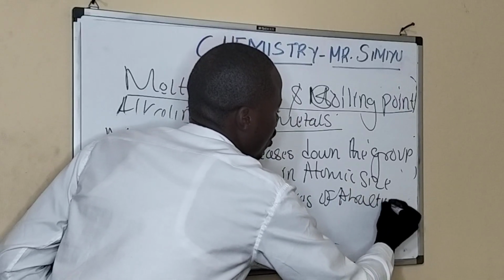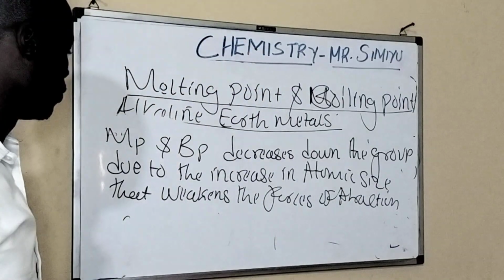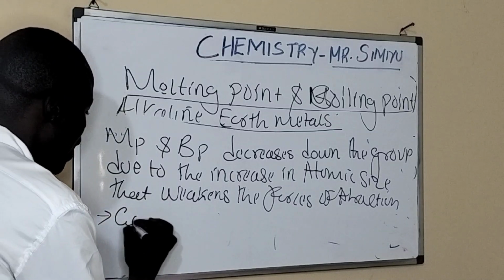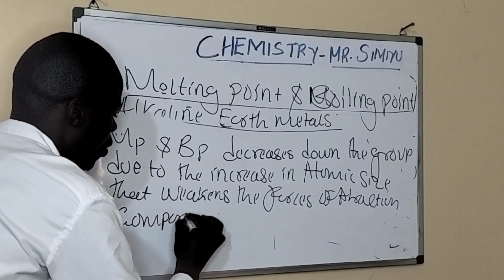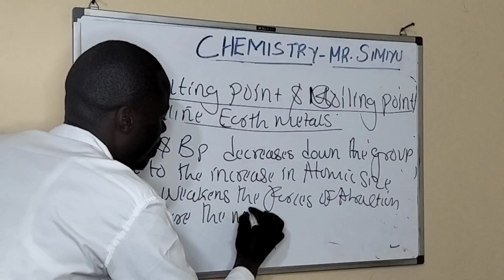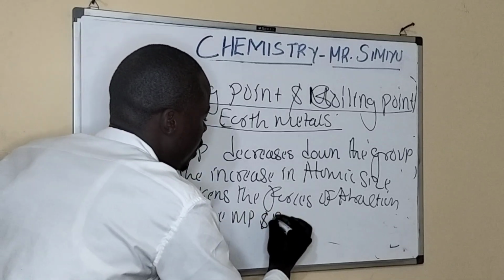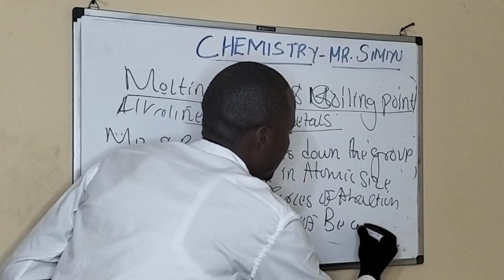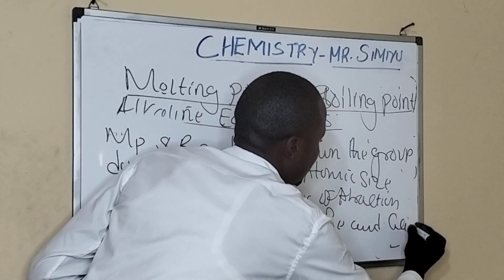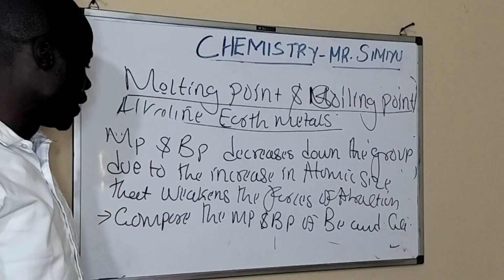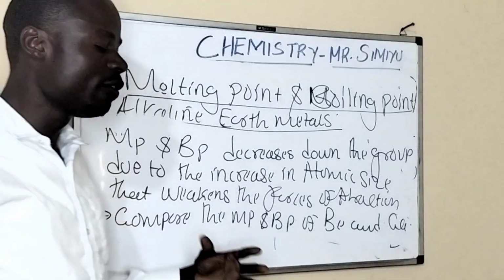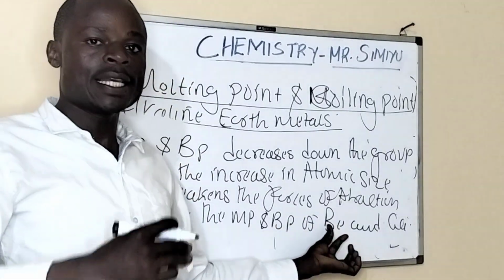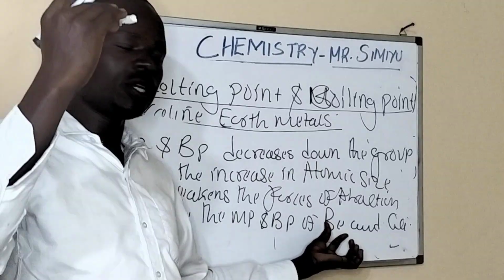So you may be asked a question to compare the melting point and boiling point of beryllium and calcium. In comparison, you give out the comparison first. For example, beryllium has a higher melting point and boiling point than calcium.